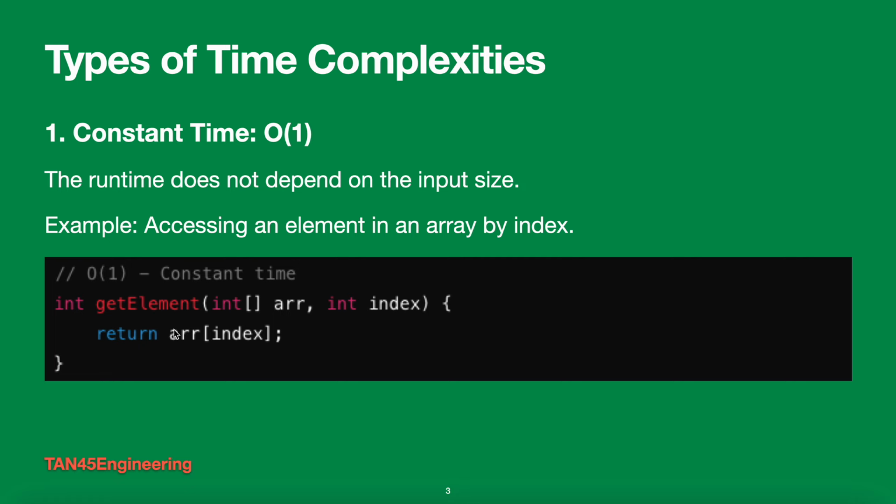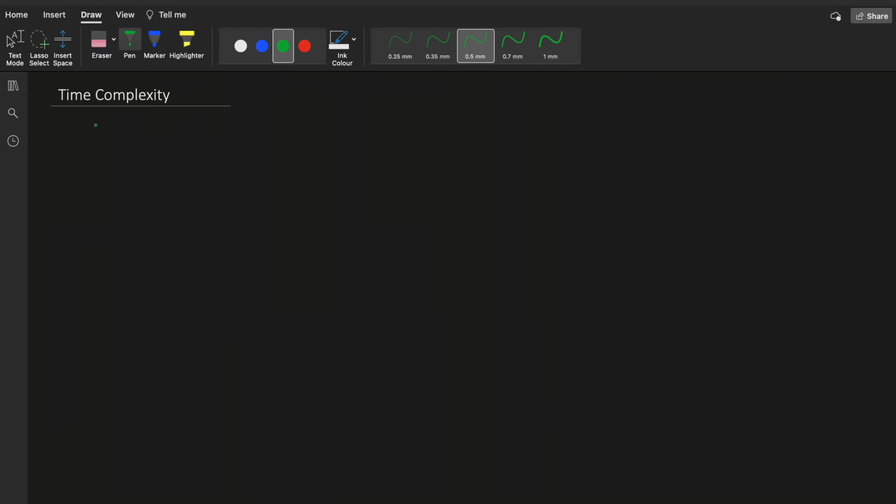You can see in this piece of code, we have a method getElement and we have to return the array at the provided index. Let's say the index value provided is 0, so we have to return the 0th element, right? Let's say we had an array 1 2 3 4 and you are asked to return array of 0.